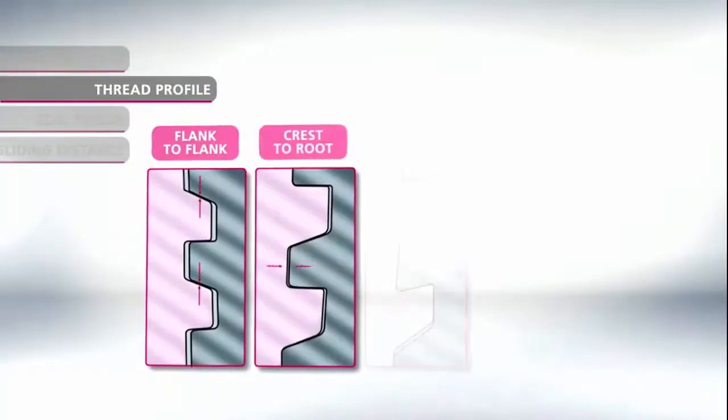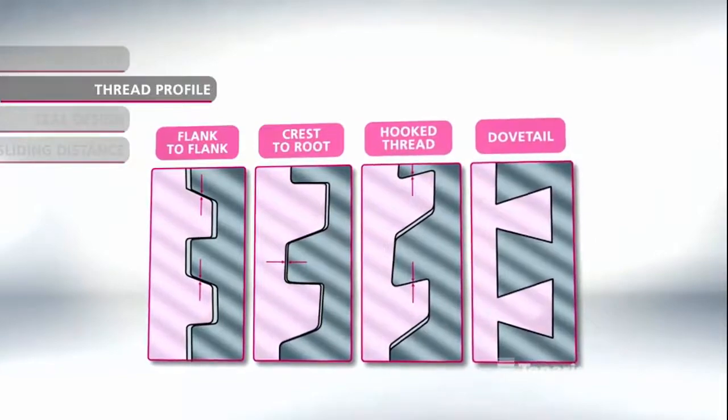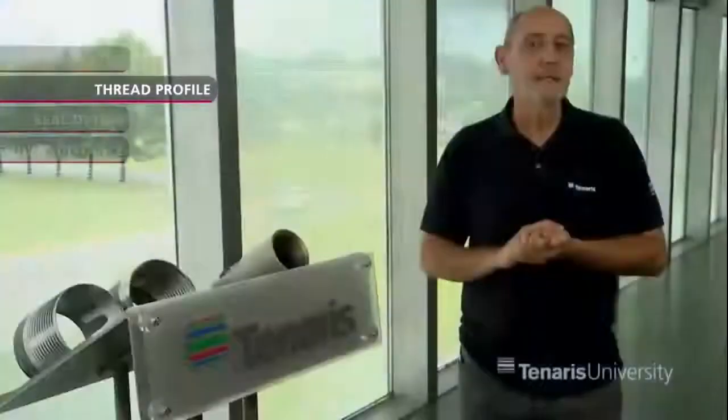The thread profiles vary according to the application and the well design. Based on this, there are different shapes of threads, each of them with a particular benefit. Some profiles are flank to flank, crest to root, hook thread, dovetail, etc.